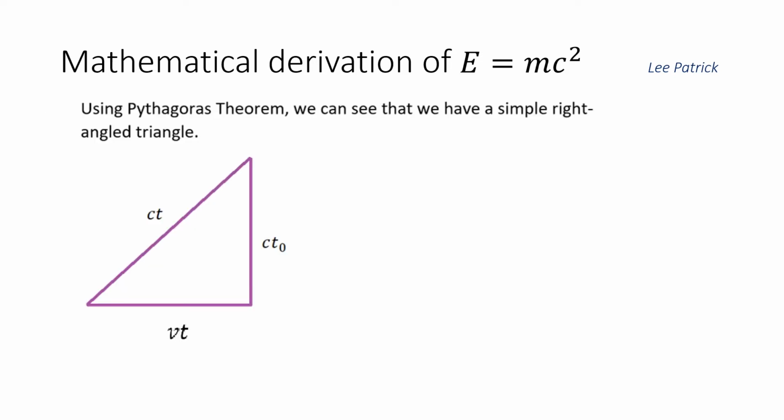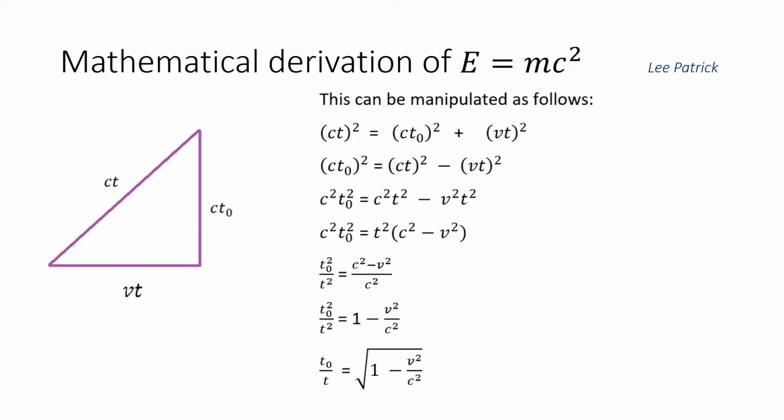Using Pythagoras' theorem, we can see that we have a simple right-angled triangle where the hypotenuse is ct and the other two sides are ct0 and vt. This can then be manipulated as follows. (ct) squared equals (ct0) squared plus (vt) squared.